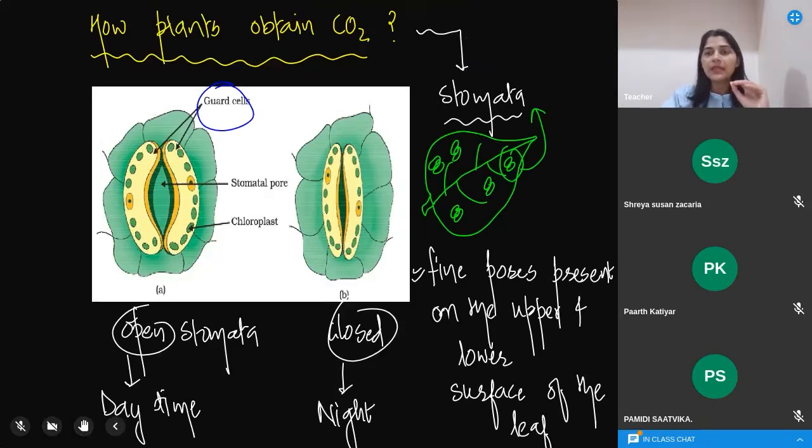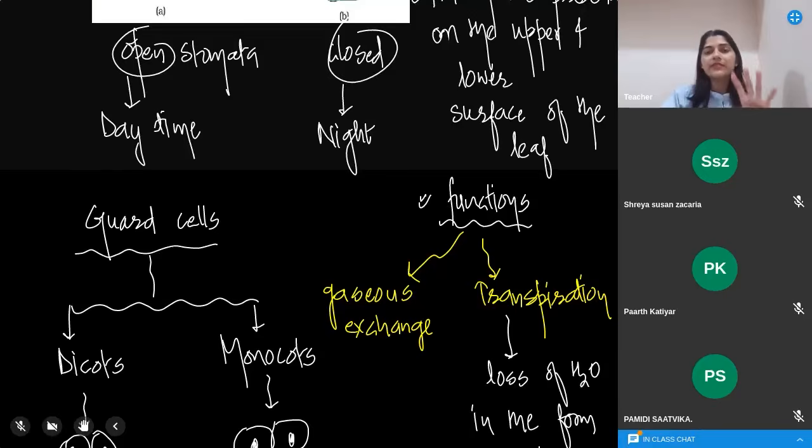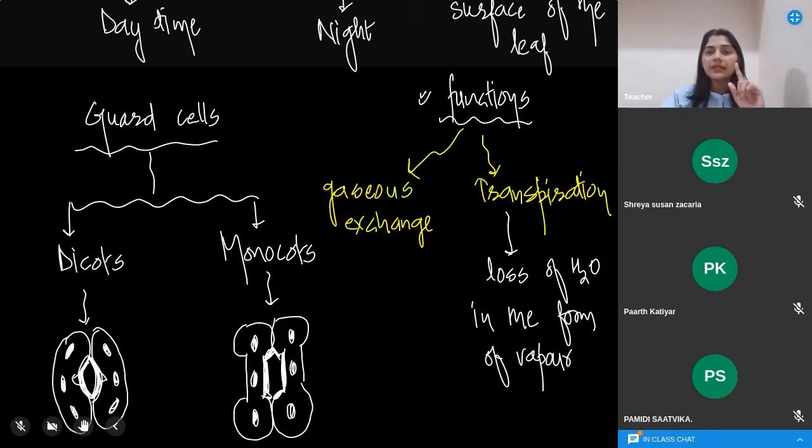That how do plants obtain CO2? Opposite case will be there in the desert plants. In the case of desert plants, the stomatas are open during night time, right? And they'll be taking carbon dioxide, storing it as an intermediate, and utilizing it during the daytime. Okay? For the process of photosynthesis.